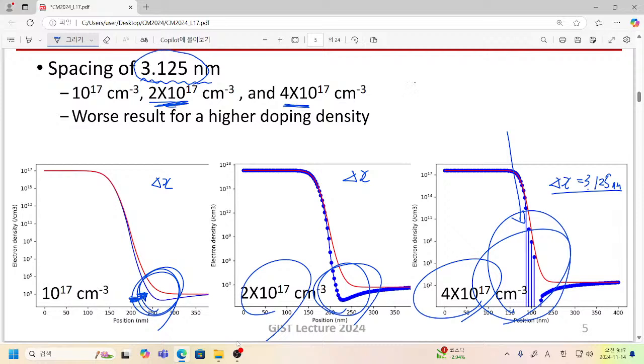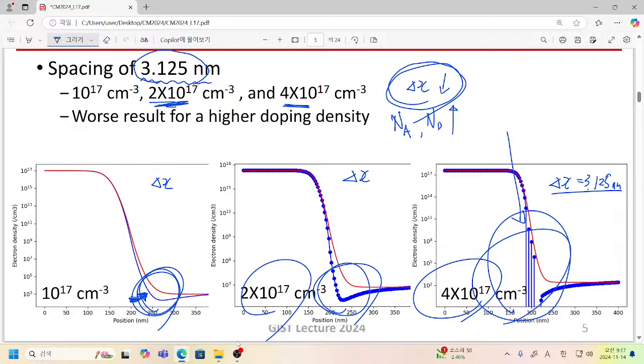Okay, if we have a dense grid, maybe it would be okay. However, also if we have high doping density, Na and Nd is high, then maybe we have to have even shorter distance between them.